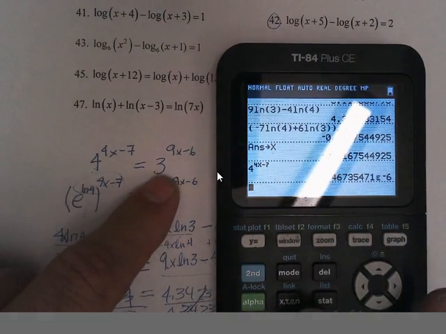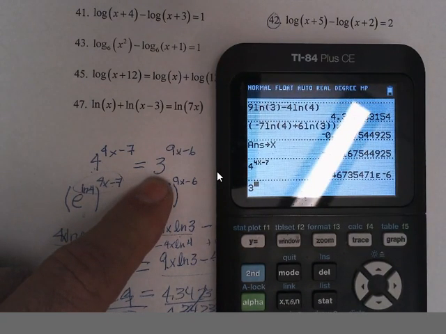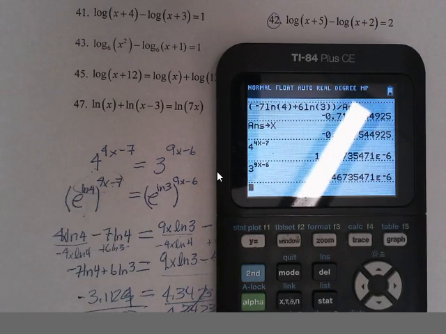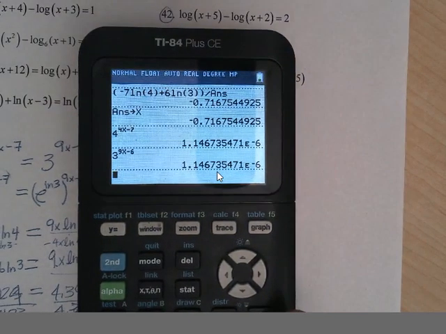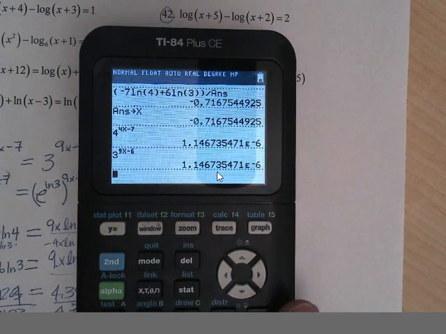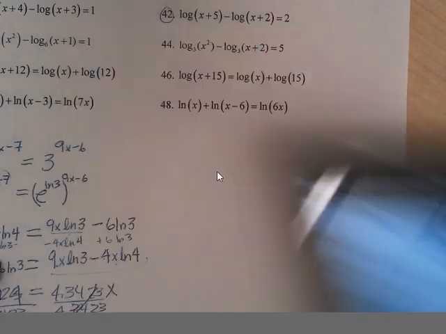And I should be able to do the same thing on this side, 3 to the 9x minus 6, and I should get the same number. And I do. So, storing the answer for x in x then allows me to just type both sides of the equation and check to make sure it works.